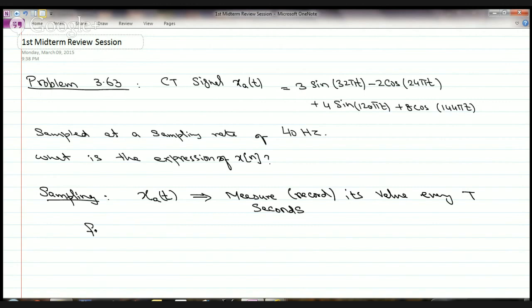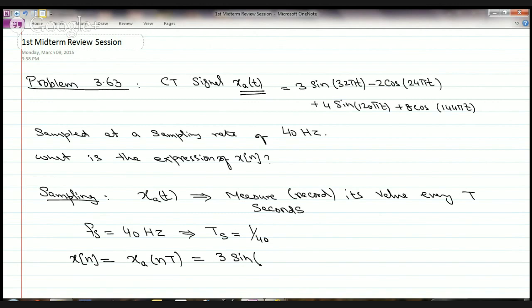In this case, where our signal has a closed form expression, we can come up with a closed form expression for our samples. We are given the sampling rate is 40 hertz. This means that my sampling time is 1 over 40, or you can just call it capital T, TS, doesn't matter. And my x of n is literally defined as xa of nT, where n takes any possible value. So all I do is replace little t by nT.